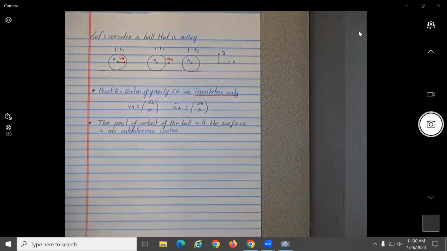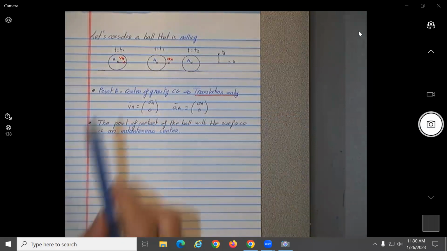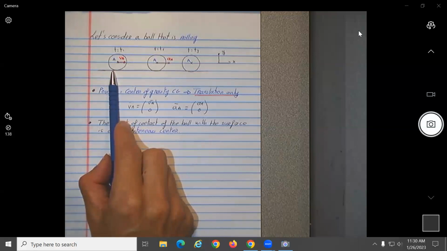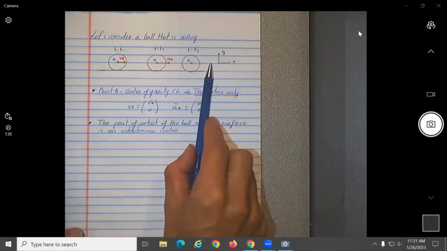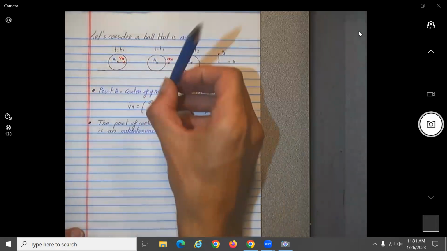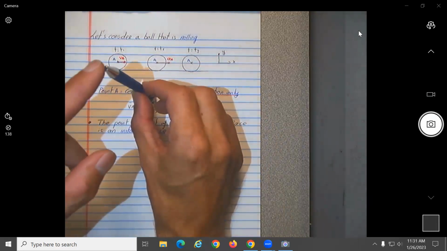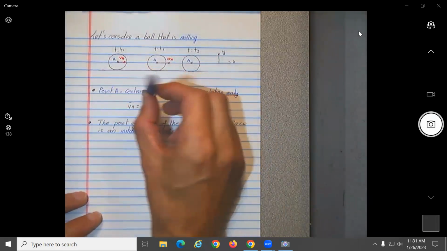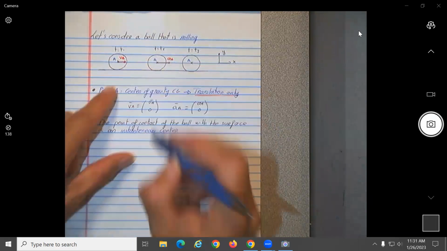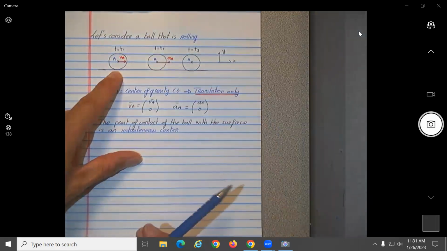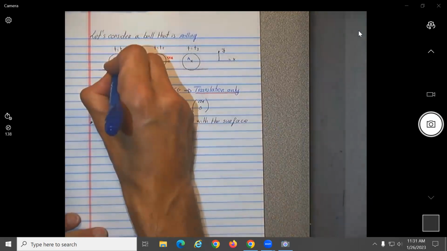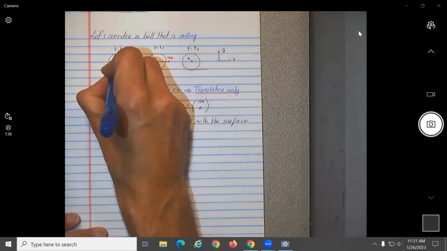Why? If there is friction, that means that the ball is going to roll, no? If there is no friction, what's going to happen to the ball? It's just going to slide like a block, no? All right, so if there is friction, and let's say the top of the marker is point A, at that instant, it looks like it's going to rotate about this point, no? So over here, this will be an instantaneous center.